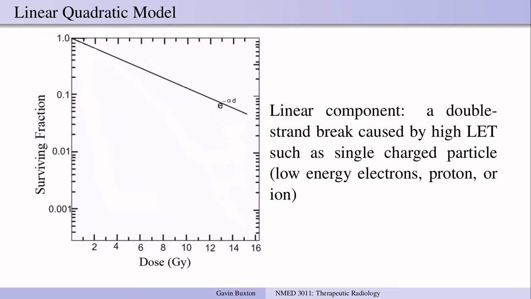They interact with matter over very small distances. In other words, they give more double strand breaks. So even with low LET conventional photon radiotherapy, there will be a linear part of the model due to the double strand breaks.